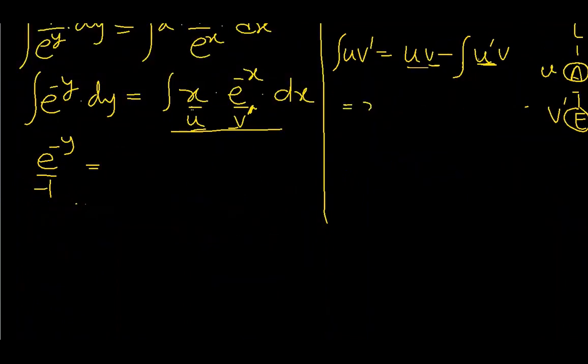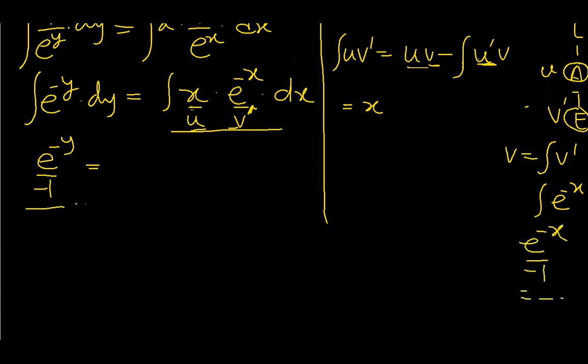So u is x, v is not known to us, but v prime is known to us. So v will be integration of v prime, so integration of e to the power minus x. Just like this part, we will integrate this as e to the power minus x over minus 1, which is minus e to the power minus x.